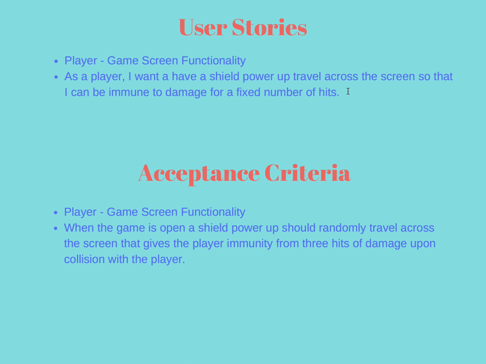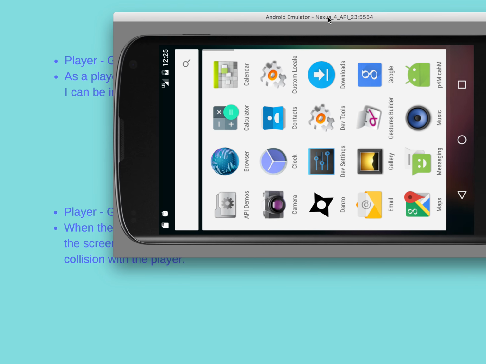For my next user story I have: as a player, I want to have a shield power-up travel across the screen so that I can be immune to damage for a fixed number of hits. And the acceptance criteria is that when the game is open, a shield power-up should randomly travel across the screen that gives the player immunity from 3 hits of damage upon collision with the player. And bring in my emulator.